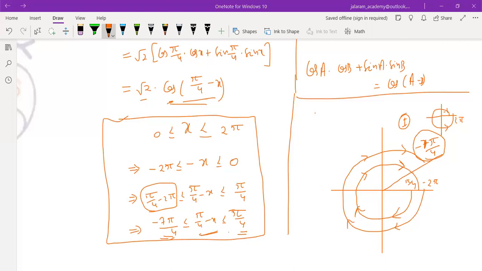And pi by 4 lies in which quadrant? First. This is the same angle, and it will give only the positive value.